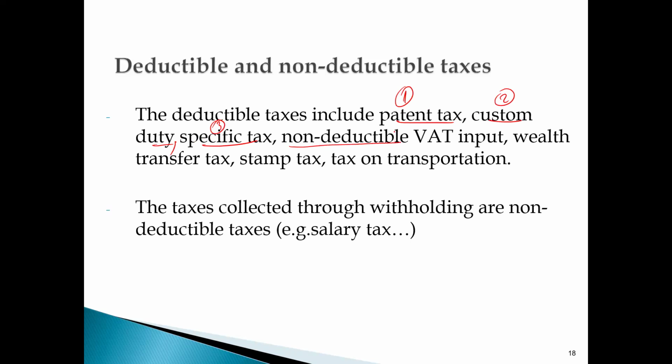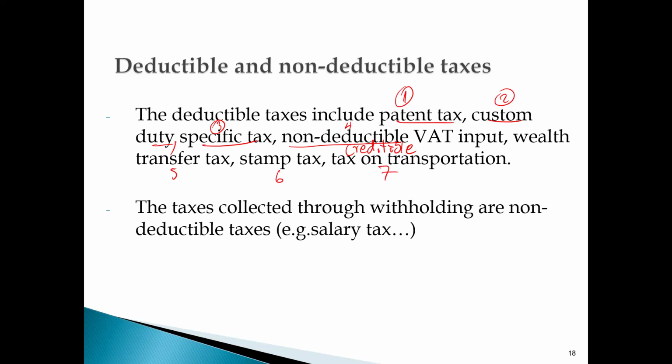Non-deductible or non-creditable taxes include VAT input, wealth transfer tax, stamp tax, tax on transportations. What else? We have a patent tax.